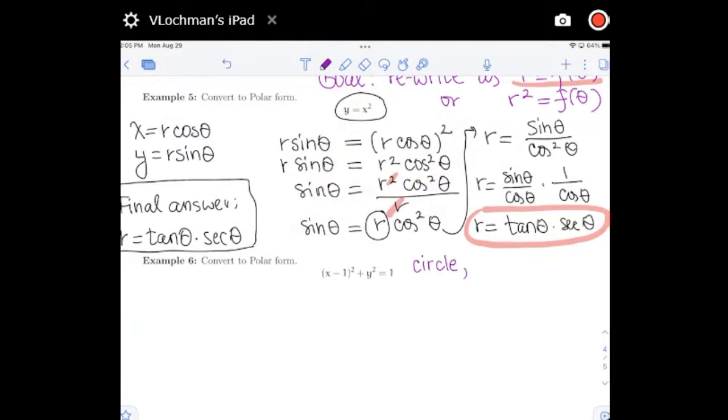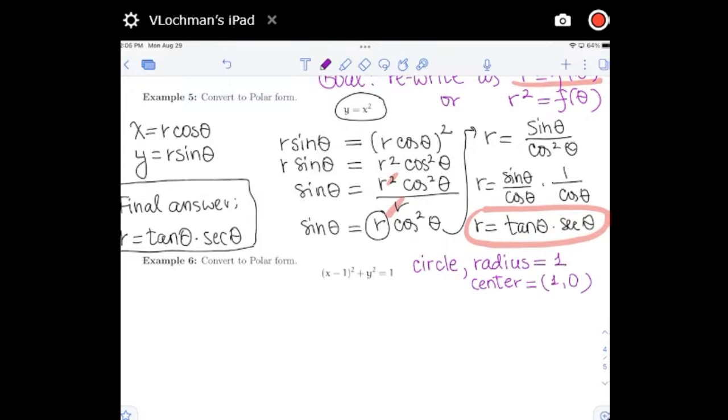Okay. What is the radius? The radius is 1. Very good. What about the center? 1, 0.